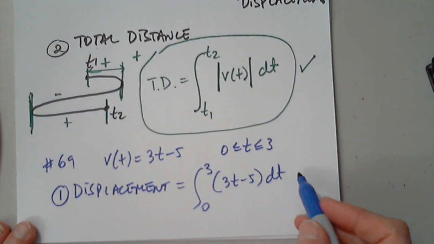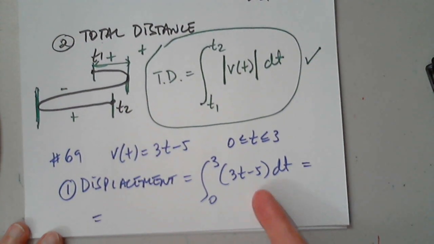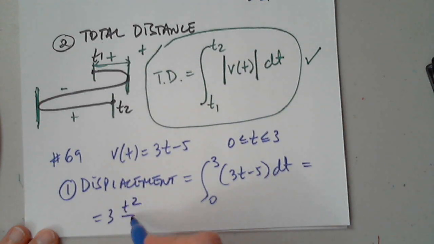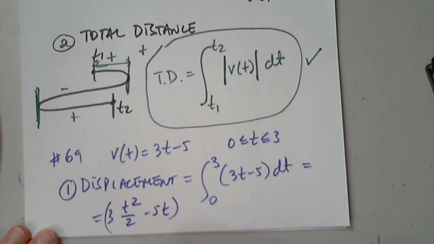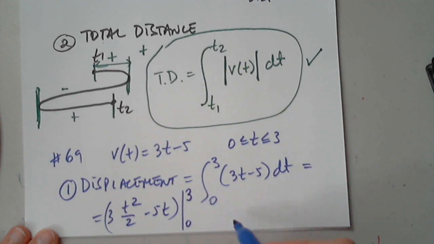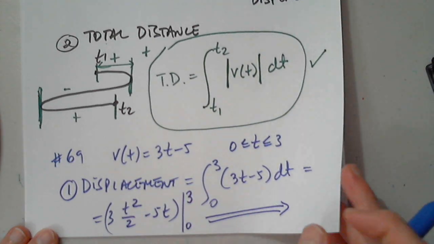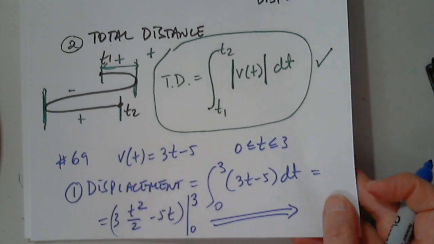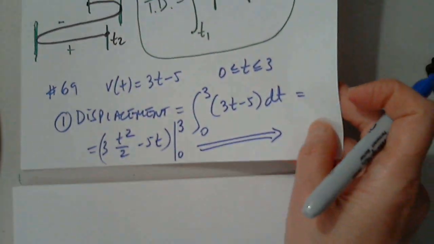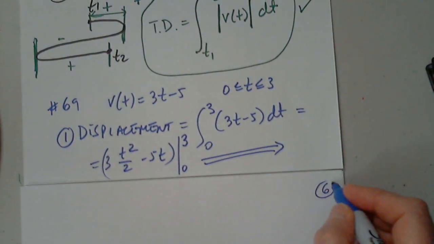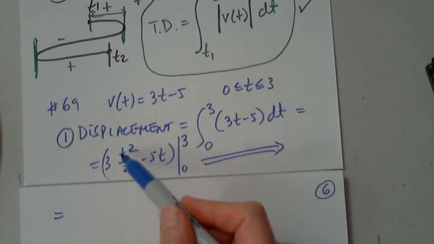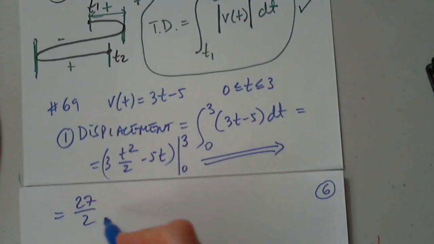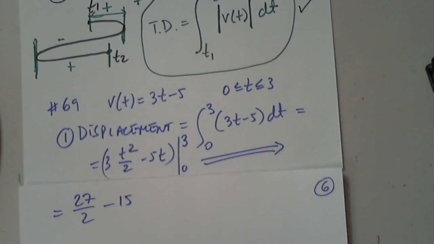Okay. I know how to integrate this. I have 3t squared over 2 minus 5t. Why? Because the derivative of this is 3t and the derivative of this is negative 5. Of course, from 0 to 3. Luckily, when I plug in 0 it is 0, so I only have to worry about plugging in 3. So when I plug in 3, I have 9, so that's 27 over 2 minus 15.